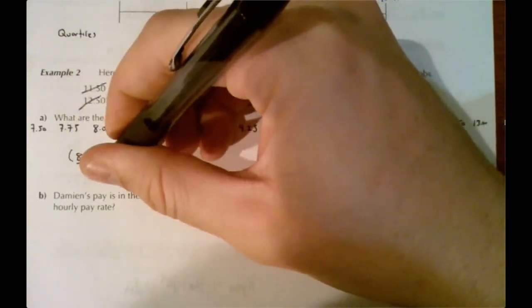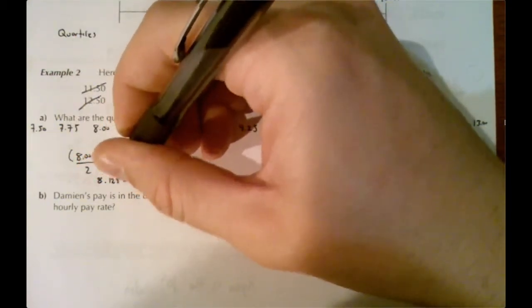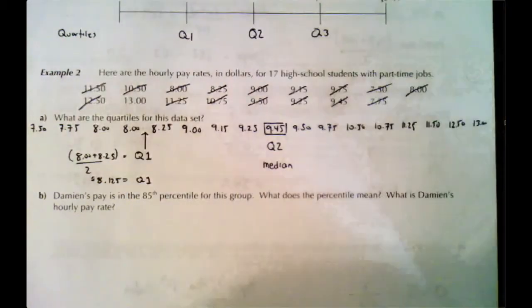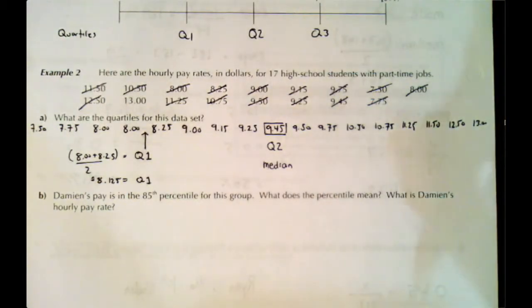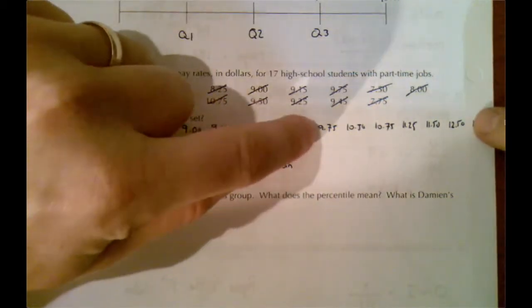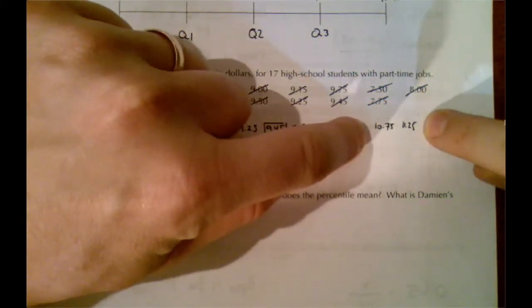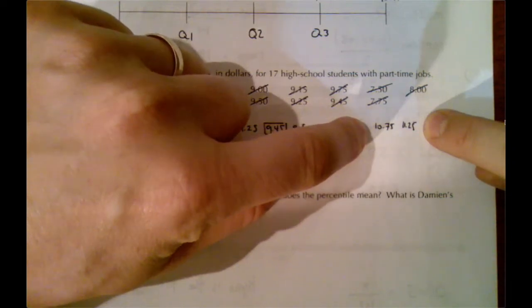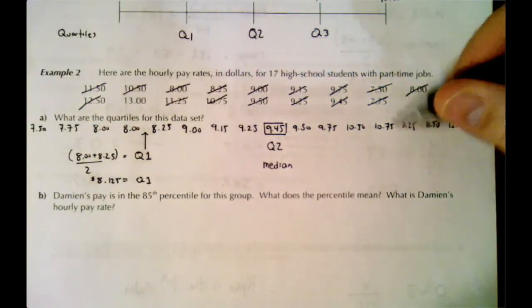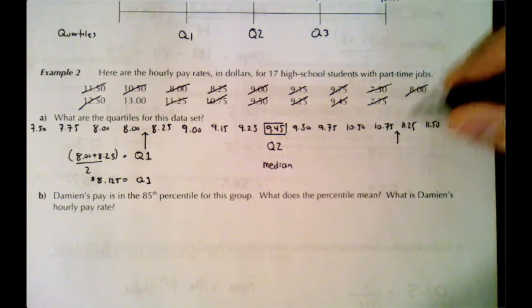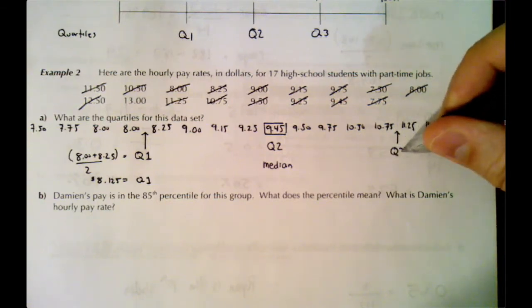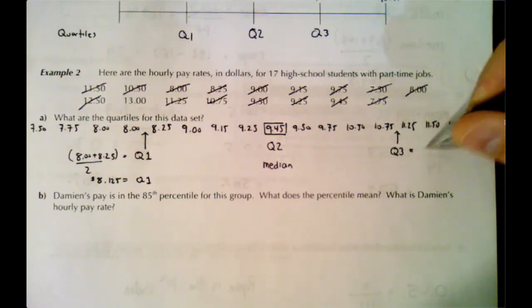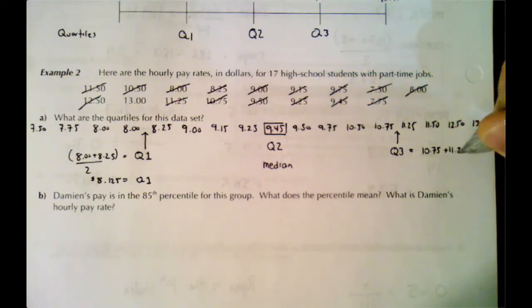Q1 would be 8125. And we do the same at the top. 1, 2, 3, and we're in between numbers again. Right there, Q3, so that's 10.75 plus 11.25 over 2.